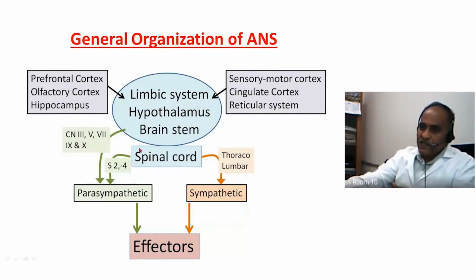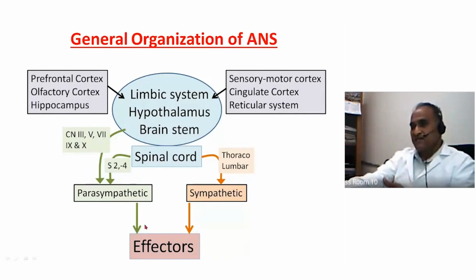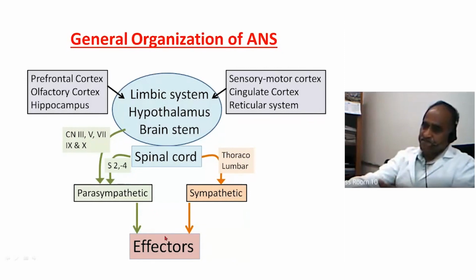In the spinal cord, only the sacral segments, the 2nd, 3rd, and 4th, have the sacral parasympathetics. They will produce the effect on the effector organs, especially the pelvic organs.